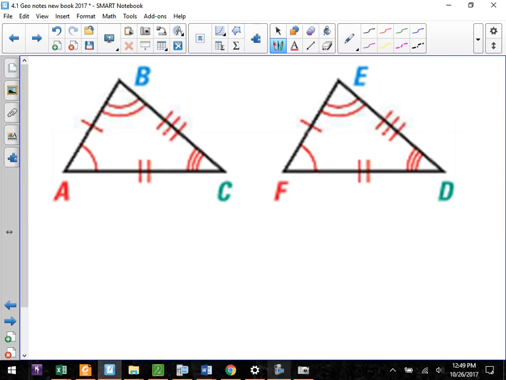How would you write out a congruency statement for that? Triangle ABC congruent to... You guys are right.